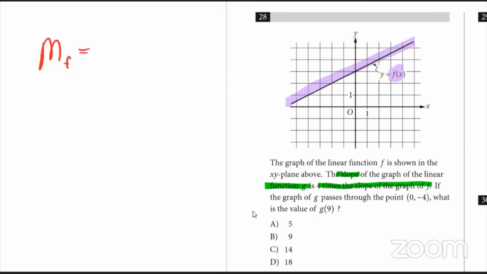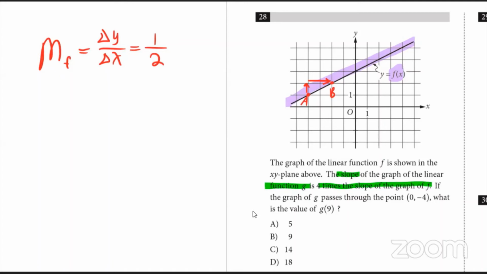Well, slope is generally your change in y over your change in x. It's your rise over run as you go from left to right. So if we pick any 2 points that are easy points to work with, the rise is 1 and the run is 2. So from A to B, we have a rise of 1, a run of 2. And so our slope for function f is 1/2.